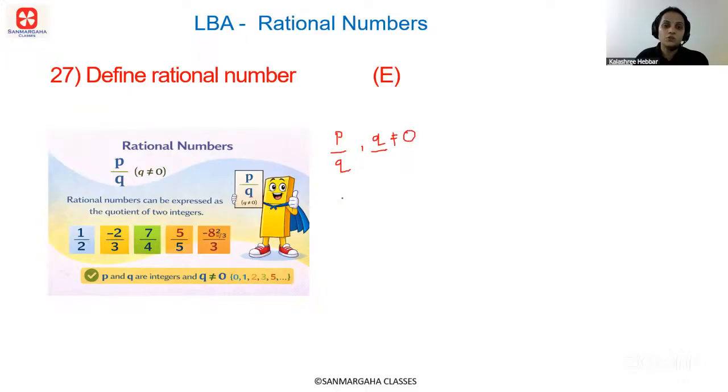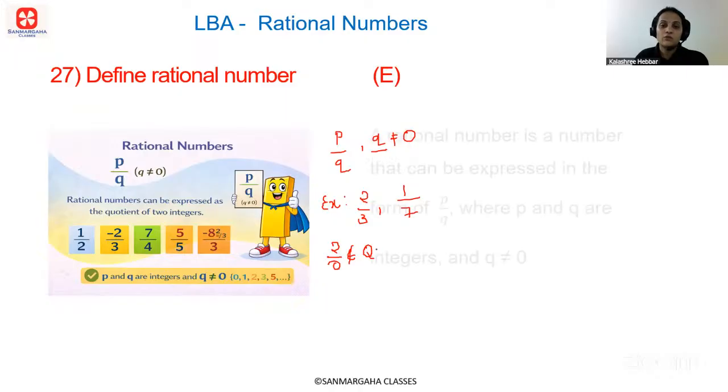For example, you can consider 2 by 3, which is in the form of p by q, a rational number. 1 by 7, which is in the form of p by q, is also a rational number. If it is 2 by 0, that is not a rational number.